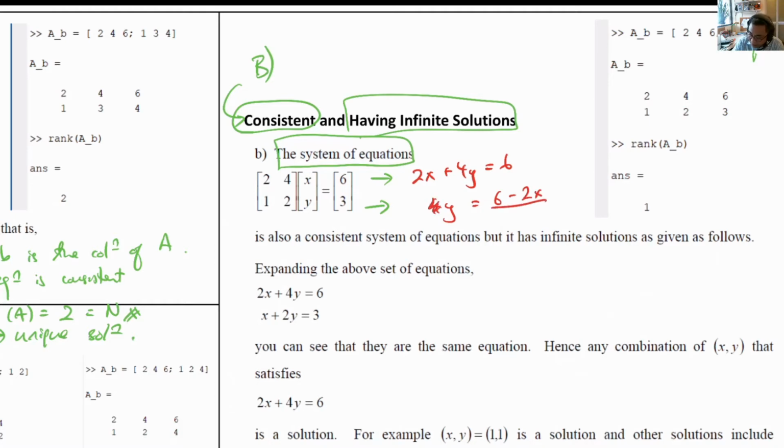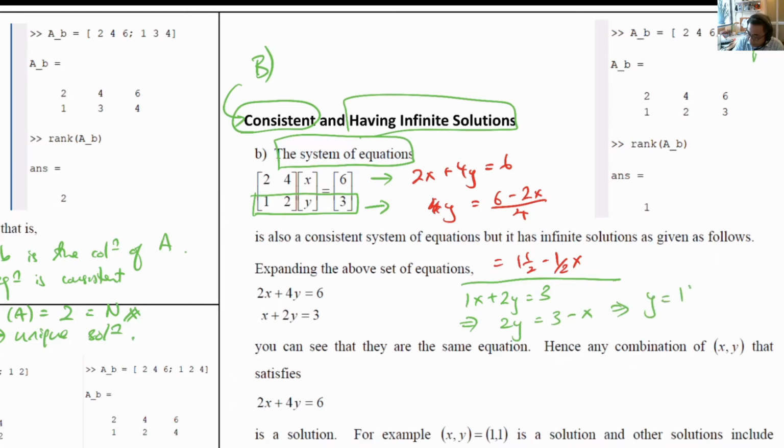Dividing both sides by 4, the answer is 1.5 minus half x. In the second equation, we have 1x plus 2y is equals to 3, implying 2y equals to 3 minus x, implying y is equals to 1/2 minus half x.